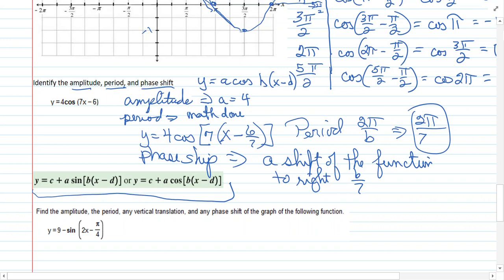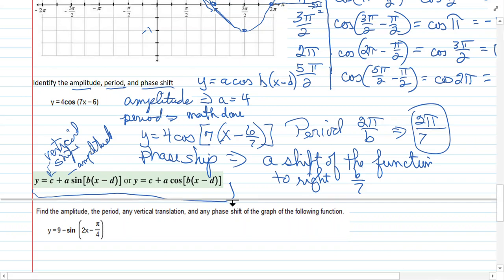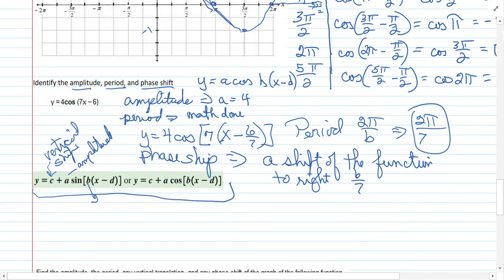All right. So here are the constructions of what I just did, and you need to put these in your notes. C is the vertical shift. A is the amplitude. B is the period change. And amplitude is the absolute value.